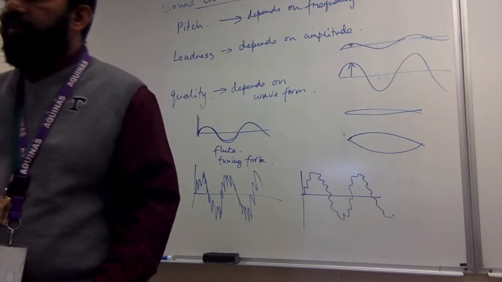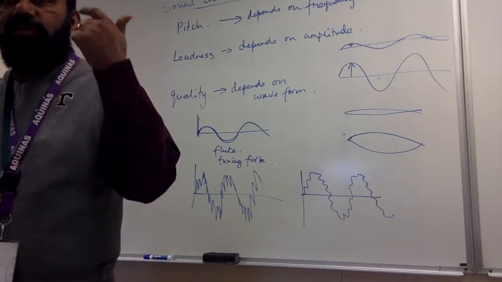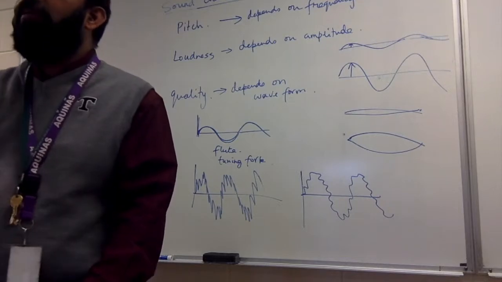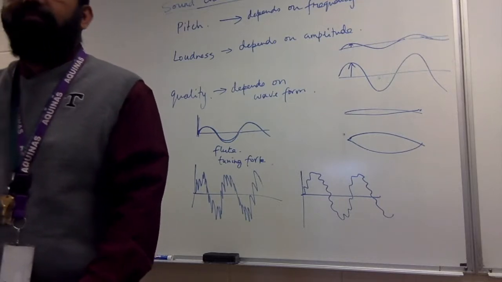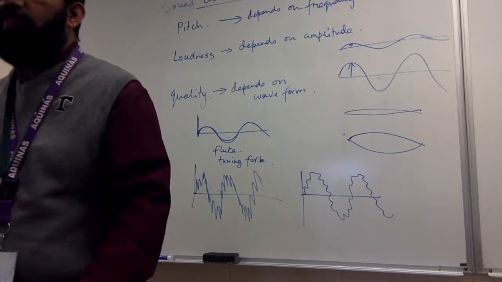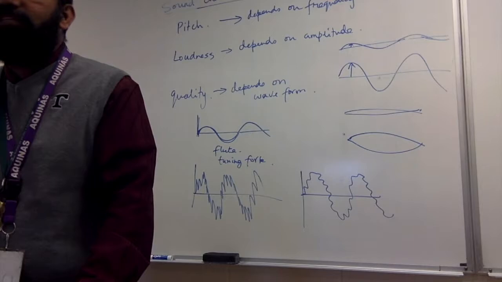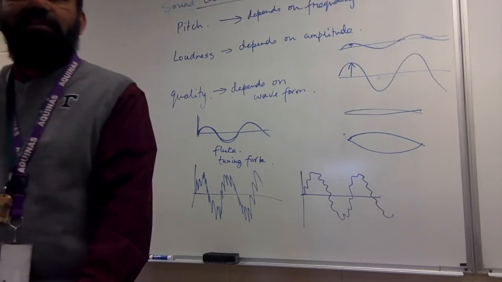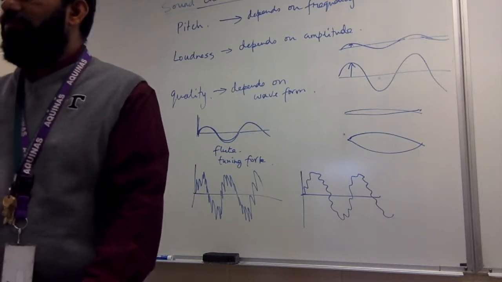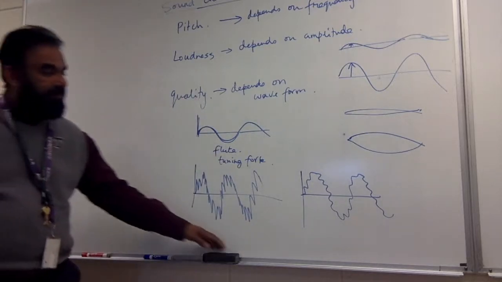Not only verbal sounds: if I drop a ping pong ball and you didn't see what was dropped, by hearing the sound you will immediately know it's a ping pong ball bouncing. You can figure out what exactly is happening. That's called quality.